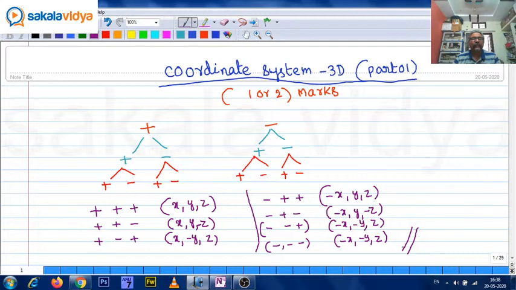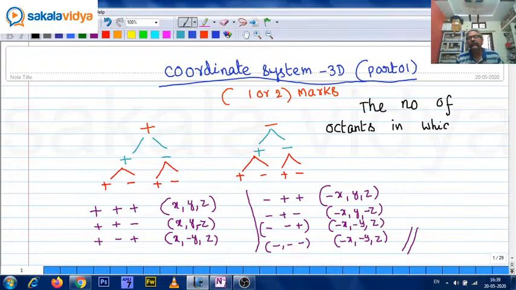Understood now? And one more thing: if I ask you one question, the number of octants in which x coordinates are positive.